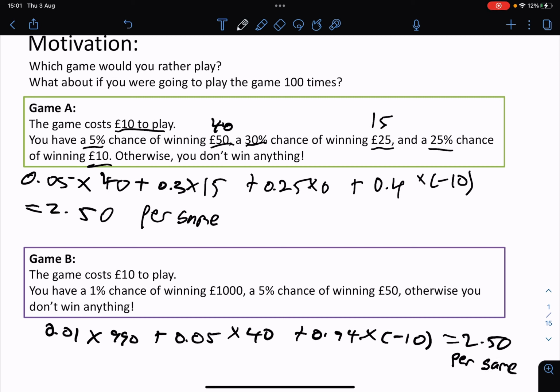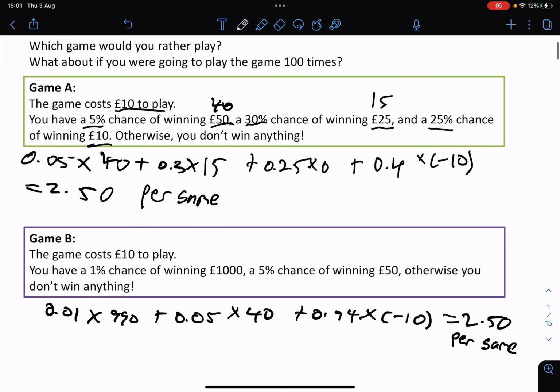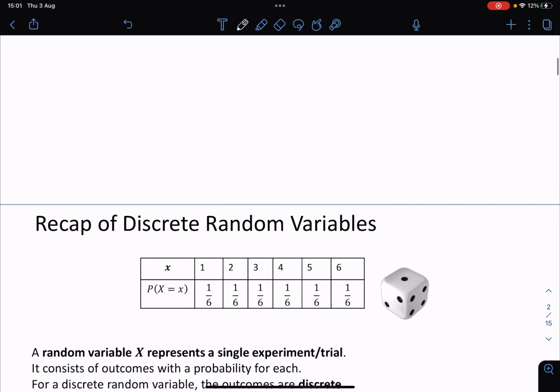So, as a matter of fact, they are equal. So, to be fair, there's not much difference here.